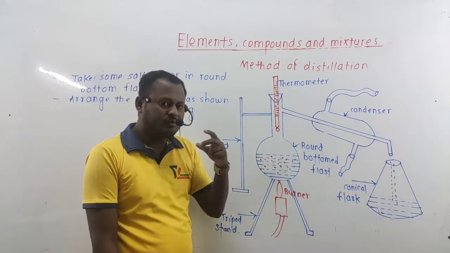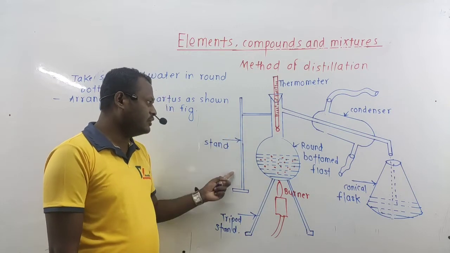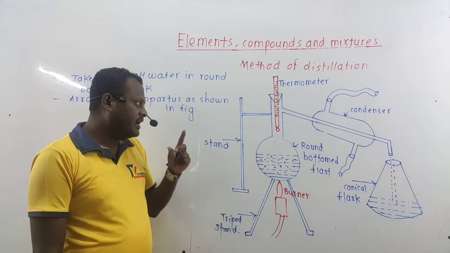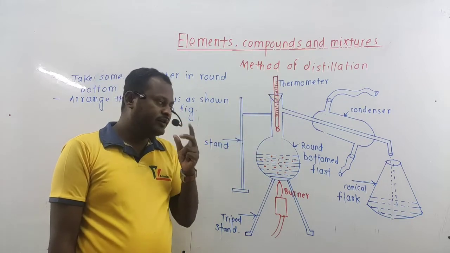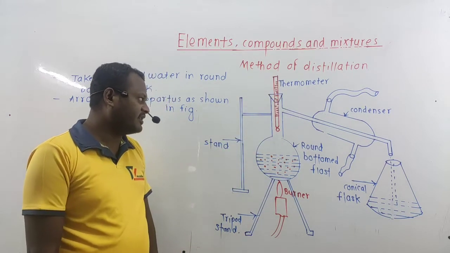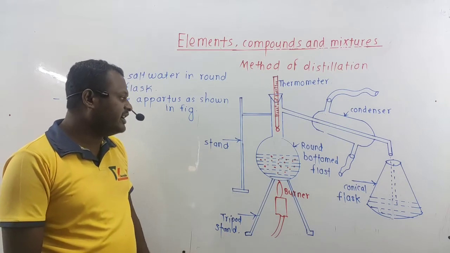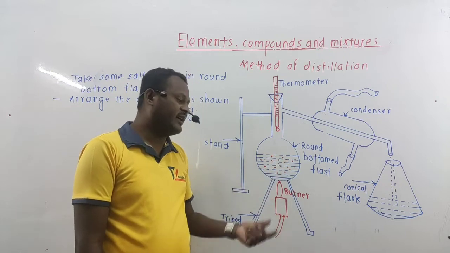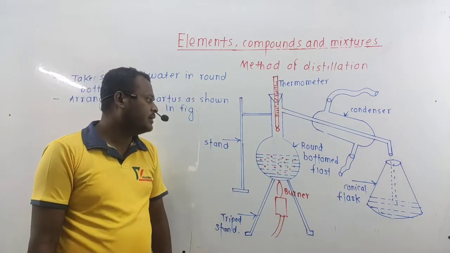This round bottom flask is kept on a tripod stand and it is held to the stand. Then a thermometer is inserted into the round bottom flask to measure the temperature, because we have to heat the round bottom flask.